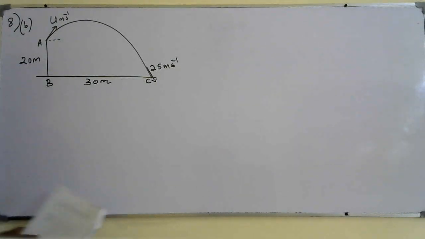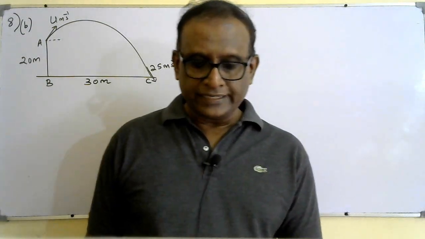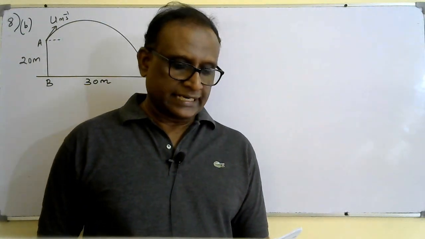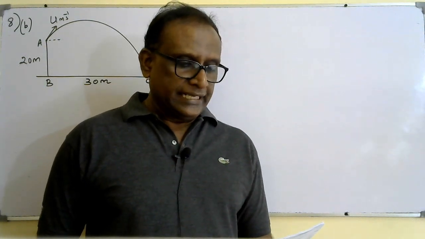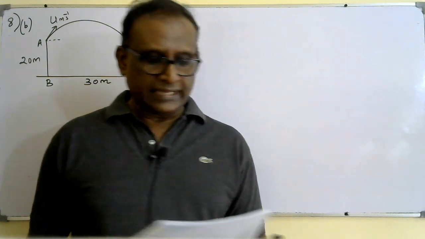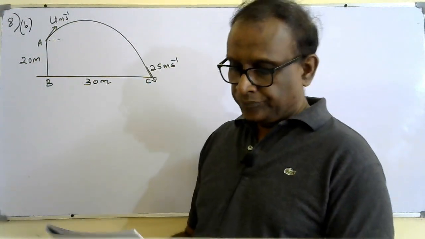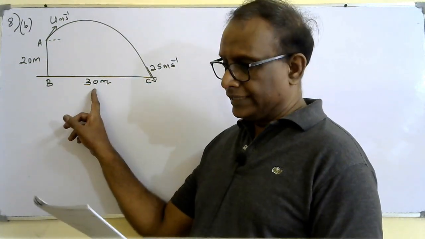Okay, B part, this diagram is given. A small ball is projected from a fixed point A with speed u meters per second at an angle theta above the horizontal. The point B is on horizontal ground and is vertically below point A, with AB 20 meters. The ball hits the ground at C where BC is 30 meters.